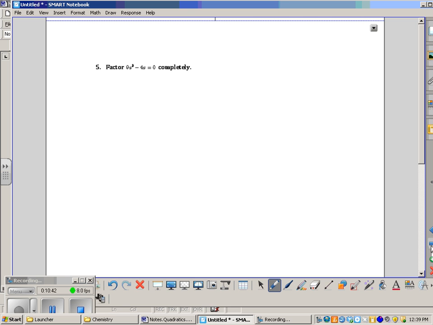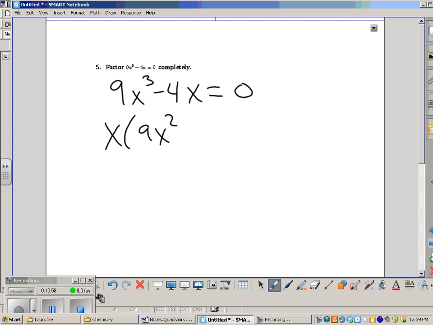Again, you want to factor out an x, but I'm going to rewrite it so you can see it more clearly. So I'm going to factor out an x, and let's see. Oh, this might be our little friend difference of squares. Difference of squares, very important to recognize.